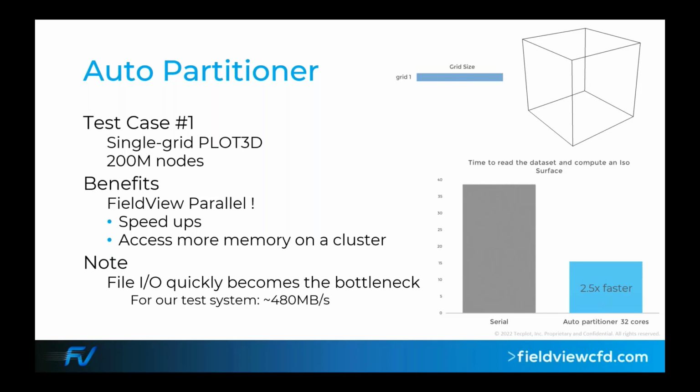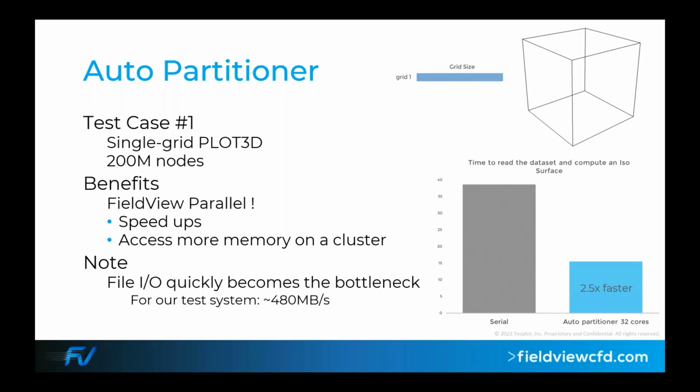So that's a pretty significant speed up. Some of you might be wondering why it doesn't go faster, why we're not closer to a linear speed up. We are always going to get some bandwidth limitation. In this particular case, most of the time gets spent on reading the case.